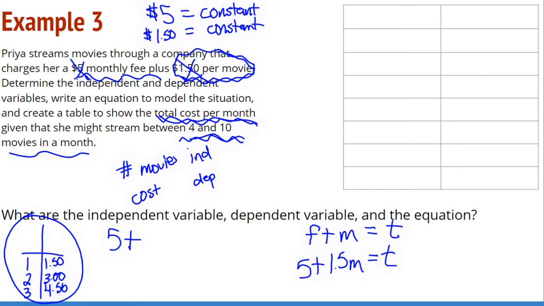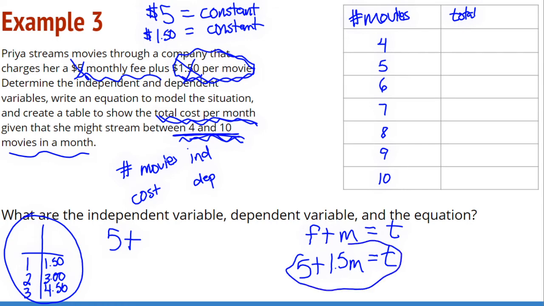So I have the number of movies and I have the total cost. And it says we're supposed to do 4 and 10, so I've got 4, 5, 6, 7, 8, 9, and 10. And this is my equation that I can use to find my total.